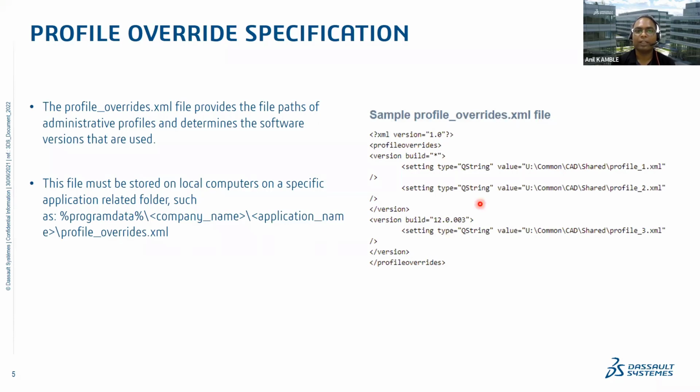Then he may create a profile_overrides.xml file wherein he gives the path where the profile.xml is placed, and that's how it overrides the default profile.xml file. The overrides file needs to be stored in ProgramData, company name, application name, and that's where the profile_overrides.xml file needs to be placed.